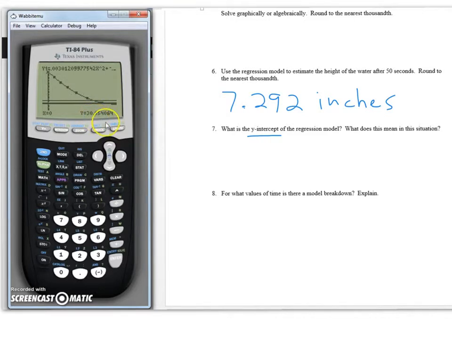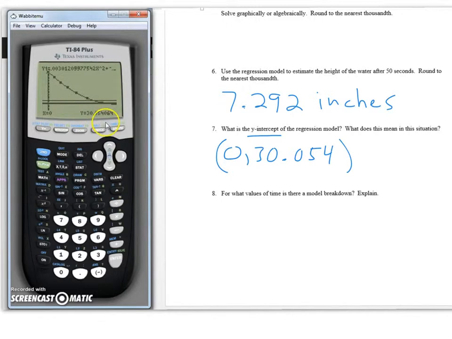So let's write that down. So when x is 0, we get 30.054. And as far as what this means in this situation, this means that after 0 seconds, meaning at the beginning of the problem, the water level is 30.054 inches deep.